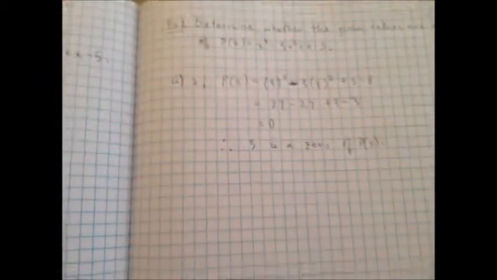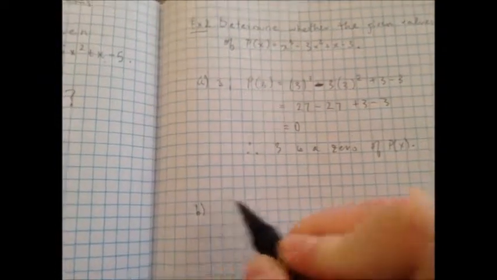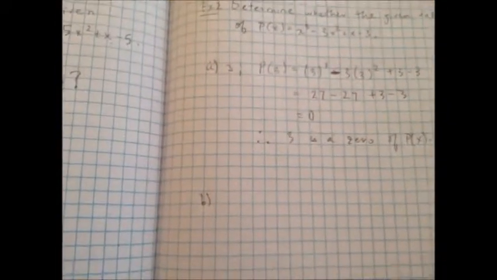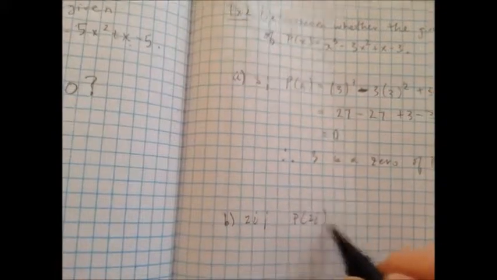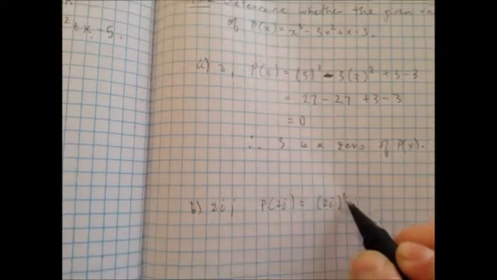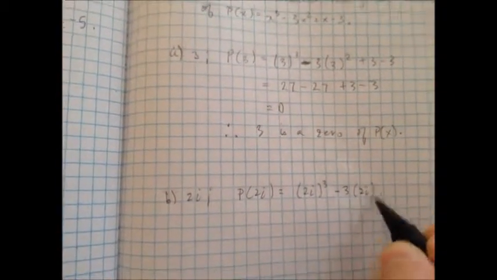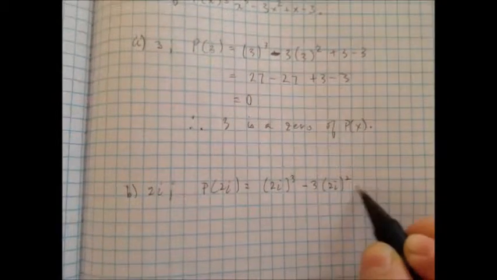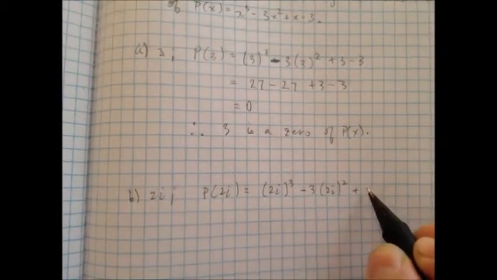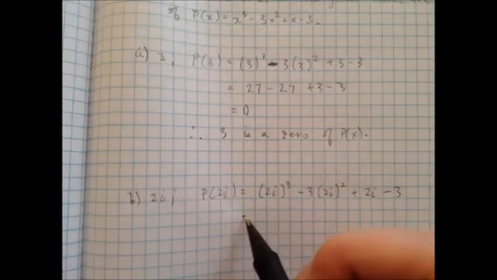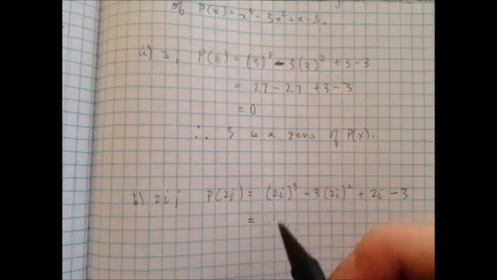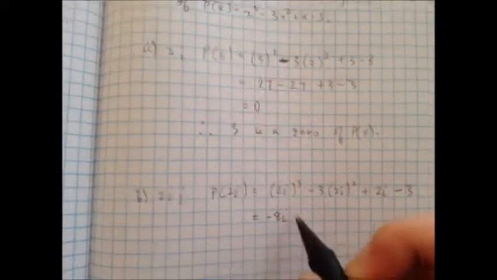Okay, and then part B. Part B is asking about 2i, so we'll do p of 2i. That's going to equal 2i cubed minus 3 times 2i squared plus 2i minus 3. 2 cubed is 8 and i cubed is negative i, so that's negative 8i.